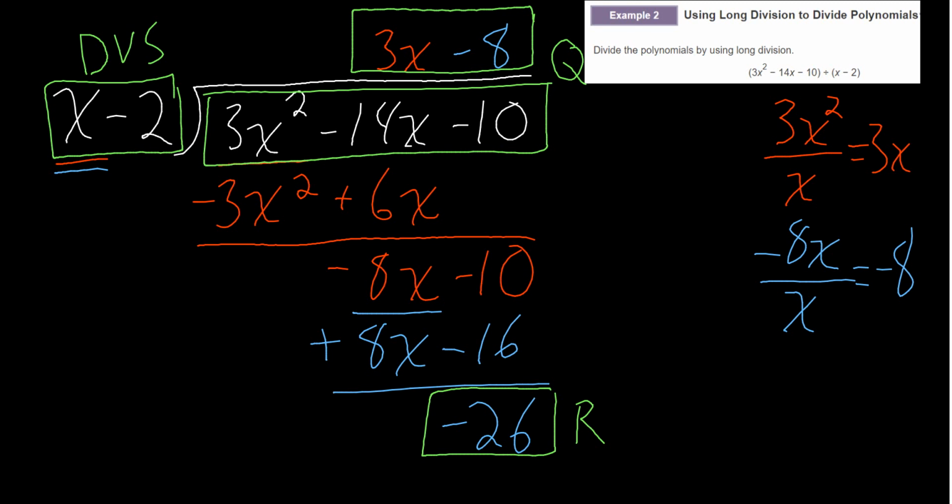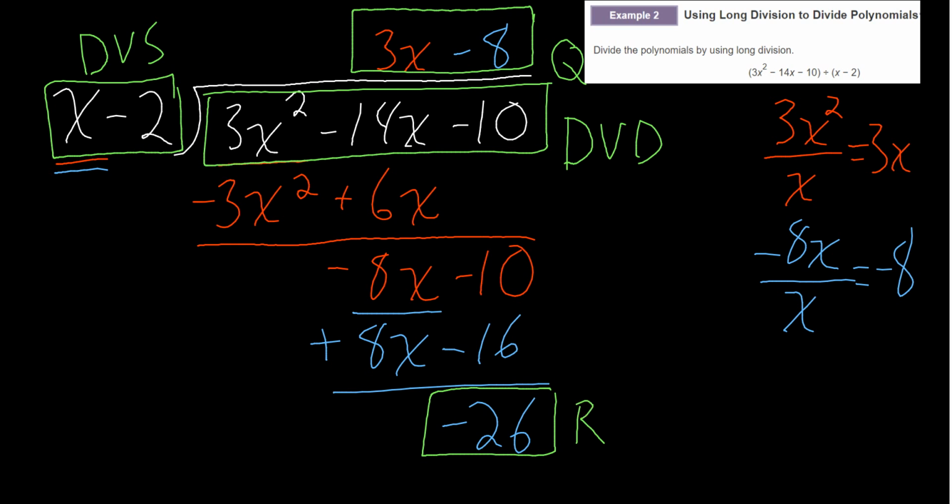The reason I was struggling to figure things out is because this is DVD, dividend. Obviously I didn't write them all out, but we defined what each one of those is. We have the quotient, the divisor, the dividend, and the remainder.